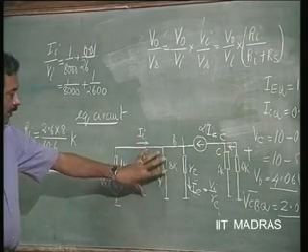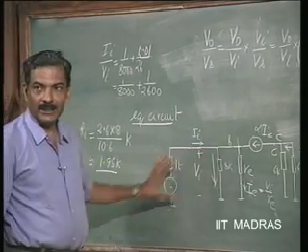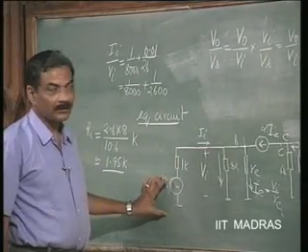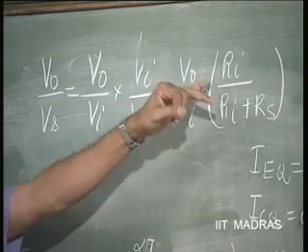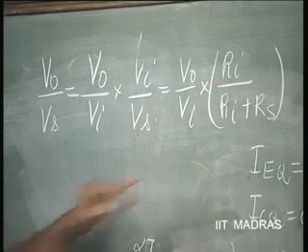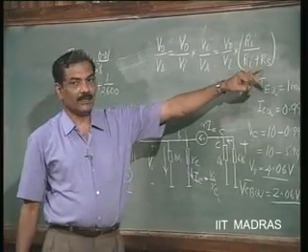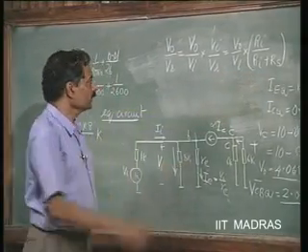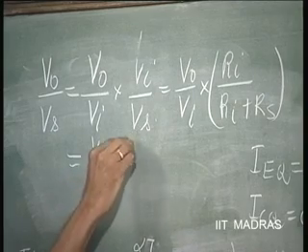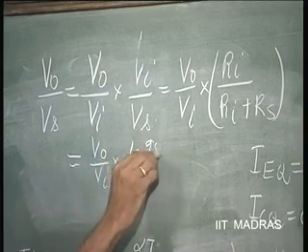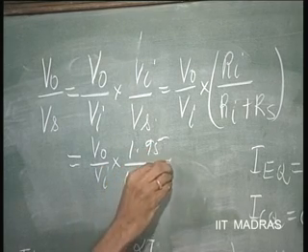So, R I by R I plus R s is V I by V s. So, it is left for us to determine V naught by V I, because we know R I is this 1.95 K and R s is 1 K. So, this is equal to V naught by V I into 1.95 divided by 1.95 plus 1 K.